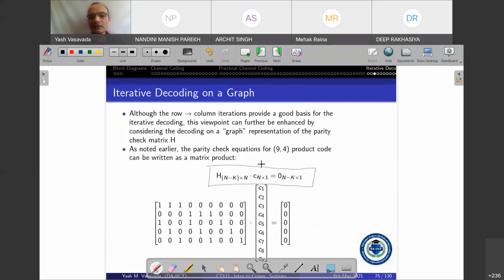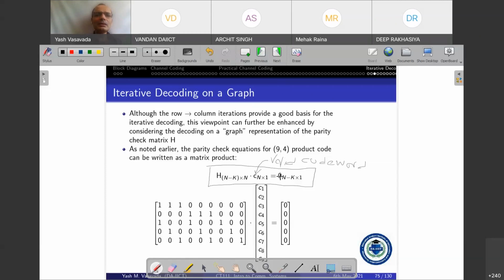If the H matrix is multiplied by a valid code word, remember this has to be an actual valid code word, one of the 16 code words of the 9-4 product code, if you take any one of those 16 code words and multiply by H, you are going to get a total of 5 zeros.